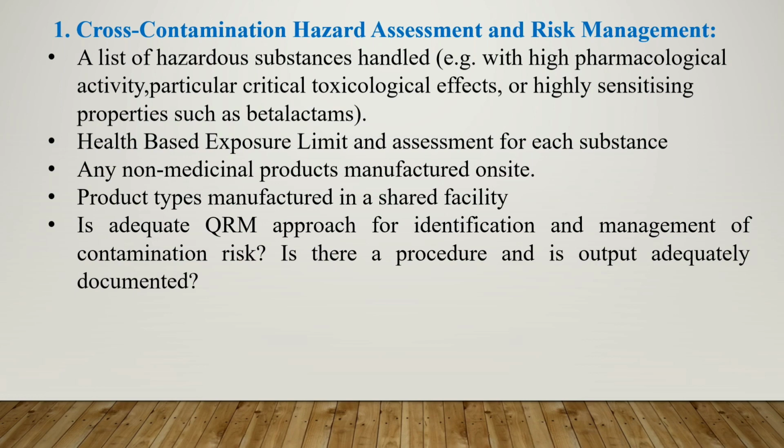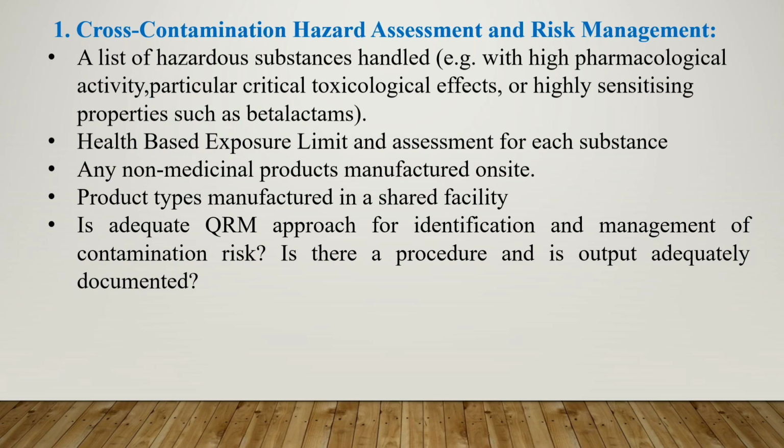If your highly hazardous molecule is manufactured in common areas where routine general products are also manufactured, then that molecule needs to be controlled by putting in additional controls like dedicated gowning, a dedicated facility, or performing a WHRA study. These are the different controls to control the hazards from that hazardous molecule. So all these things need to be controlled.